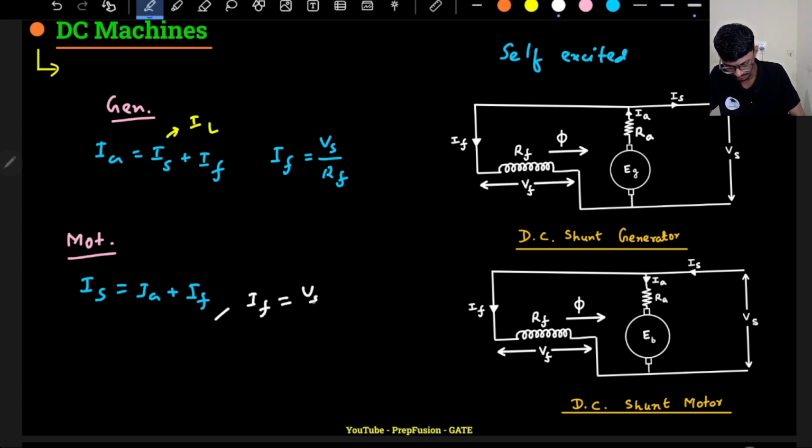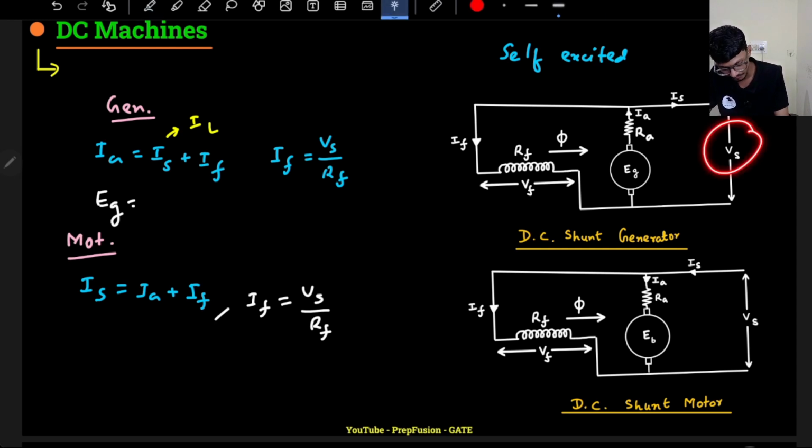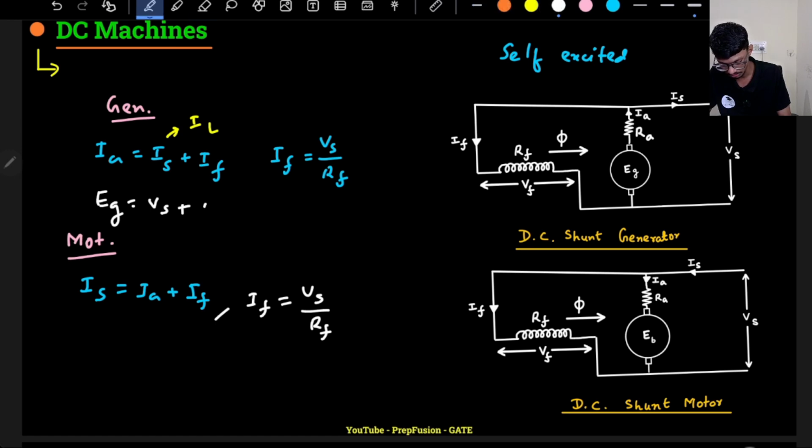The field winding current is the same, Vs by Rf. It will not change. One more thing, what is the generated EMF here? EG will basically be Vs plus Ia into Ra. Simple KVL.